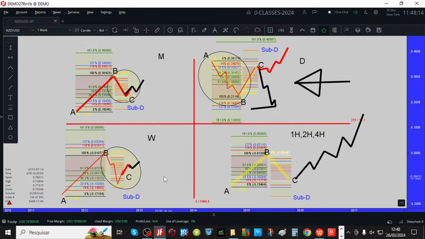Everybody, if you didn't watch Monday and Tuesday stream, this is your homework. You are going to see 5 currency pairs which don't have confirmed C's on the monthly, weekly, and daily, and were still trending in their direction.